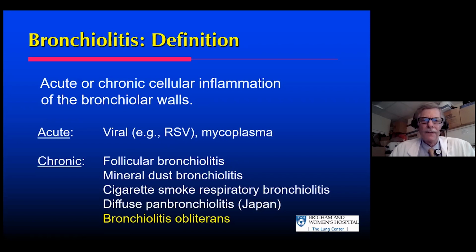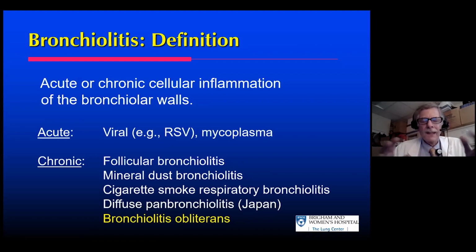And you're certainly familiar with acute bronchiolitis, particularly in children, right? Viral or mycoplasma induced. But chronic airflow obstruction from chronic cellular inflammation of the bronchioles can be follicular, as seen in collagen vascular disease, can be mineral dust bronchiolitis in the coal miner, can be respiratory bronchiolitis from cigarette smoke, the early manifestation of lung pathology in cigarette smokers, airway pathology.